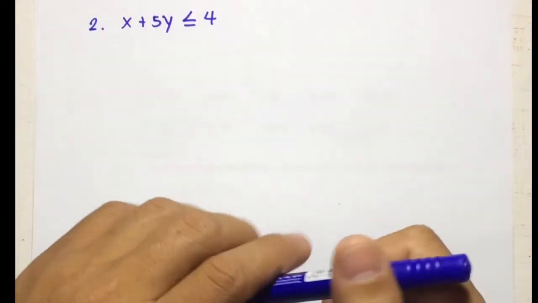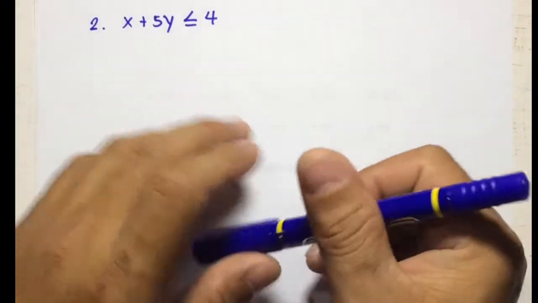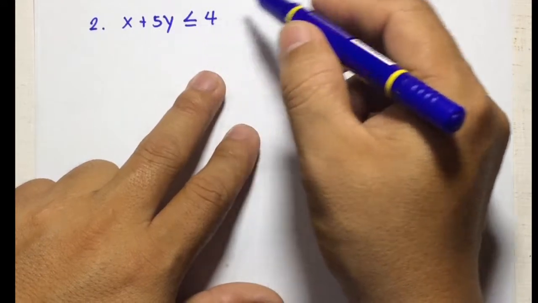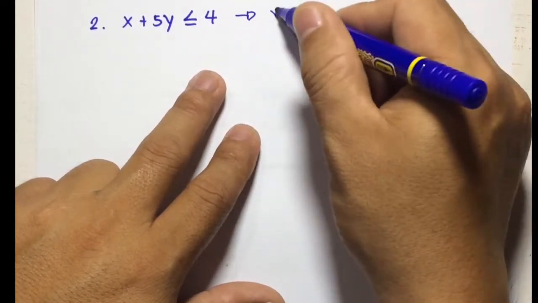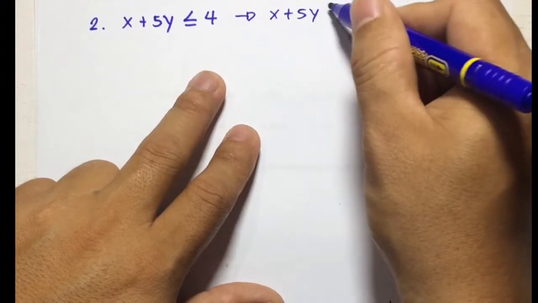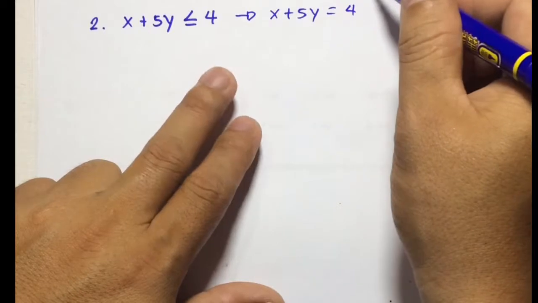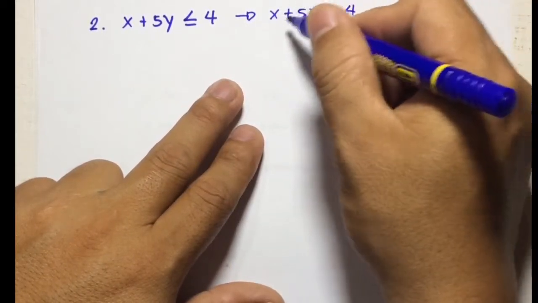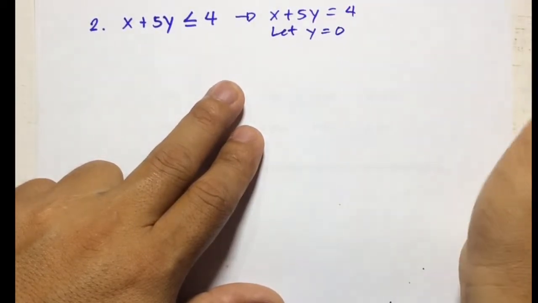Example number 2: x plus 5y is less than or equal to 4. The first step is to change the inequality sign to an equal sign. So this becomes x plus 5y is equal to 4. Then we're going to find 2 points on this line. So let y equal 0.